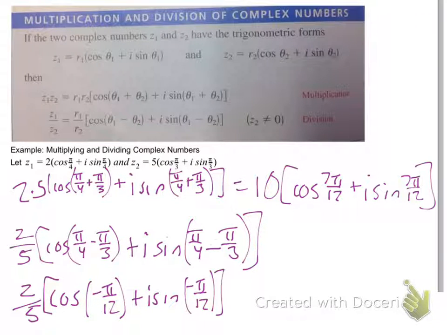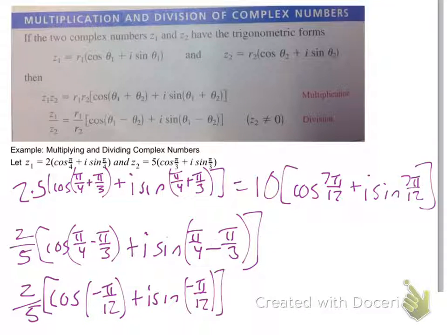Almost got everything. Question is, are we done? No. Guys, 90% of the time when I ask it like that, you're not. Okay? But there's always that 10% we could have been done. But why would we not be done with this one? I don't like negative angles.